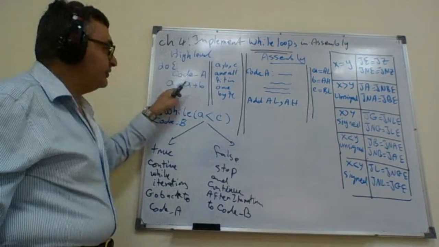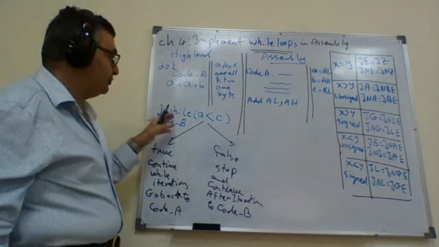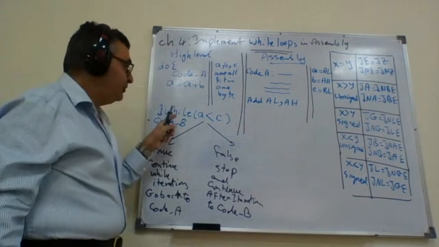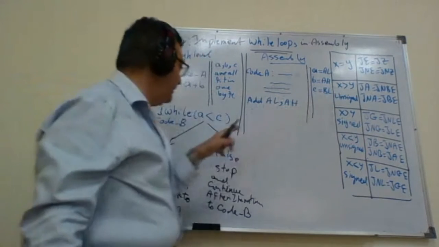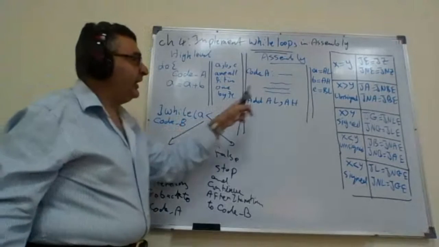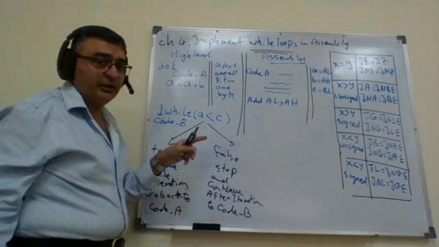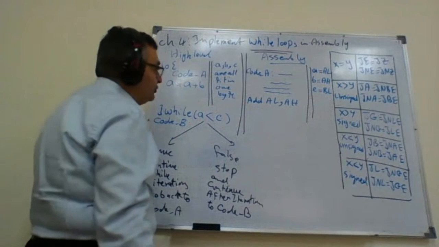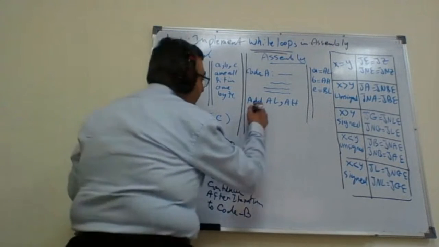Now this instruction has been converted to assembly. Now I want to compare AL and BL. As long as AL is smaller than BL, I have to continue looping. So now, compare.